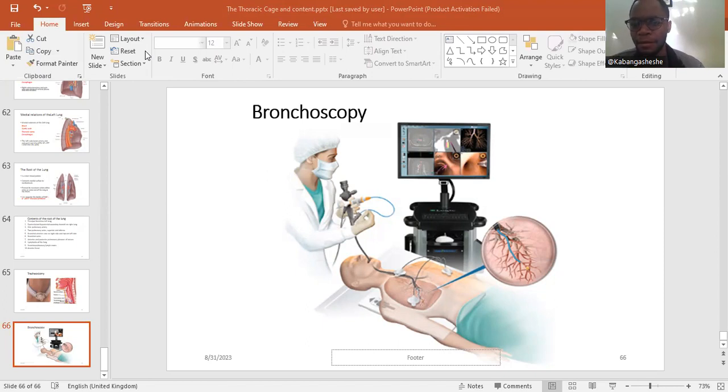Now, pleural membranes are a protective covering around the lungs. So there are 2 layers of pleural membranes. We have what we call the parietal pleural membrane, or the outer pleural membrane. We also have what we call the inner pleural membrane, or rather the visceral pleural membrane.